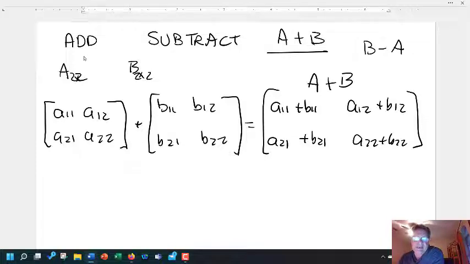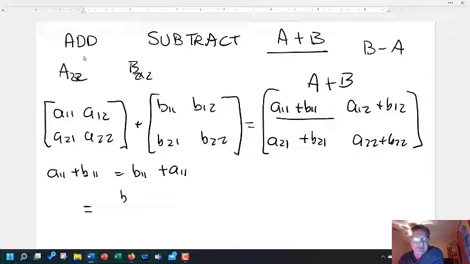Notice that if we take these values, for example A11 and B11, these are real numbers, which means we can change their order and commute B11 and A11. That means we can do that for the entire matrix. So we can write B11 plus A11, B12 plus A12, and then B21 plus A21 and B22 plus A22.